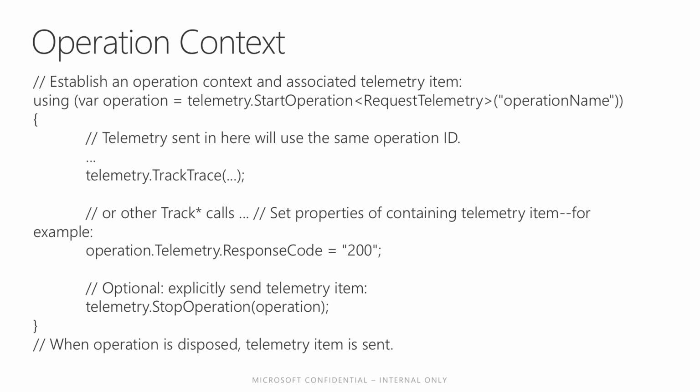We can then call response code specifically to the operation, and then we can finish and call stop operation and make sure that operation completes. Once that operation completes, the data will be sent within seconds back up to Application Insights. So only when we dispose that operation, the telemetry is sent.